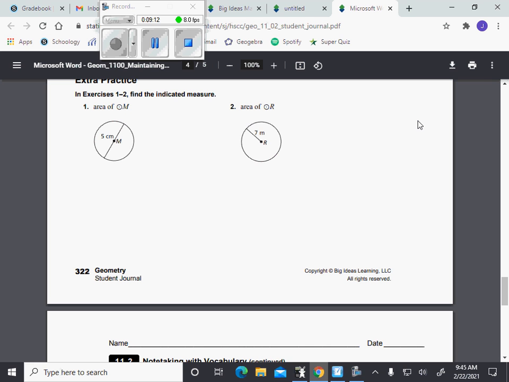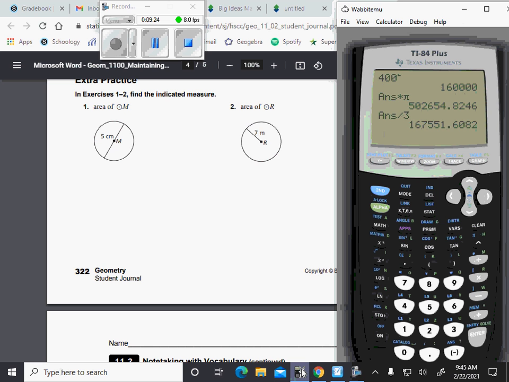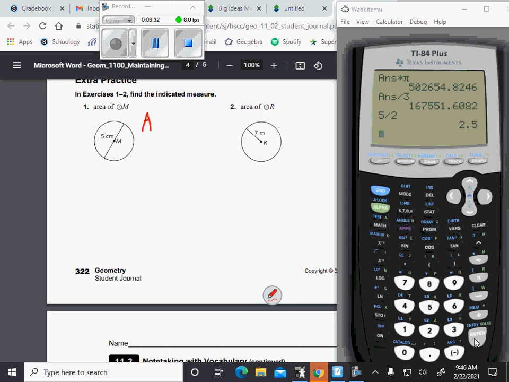For these extra practice problems, number 1, we have to find the area of M. The diameter is 5 centimeters. We have to know the radius, and the radius is half the diameter, so what's half of 5? You can take 5 divided by 2. It's 2.5. Remember, the area is going to be pi times 2.5 squared.